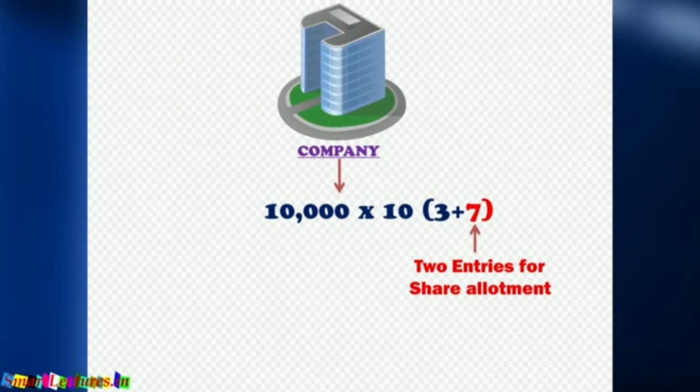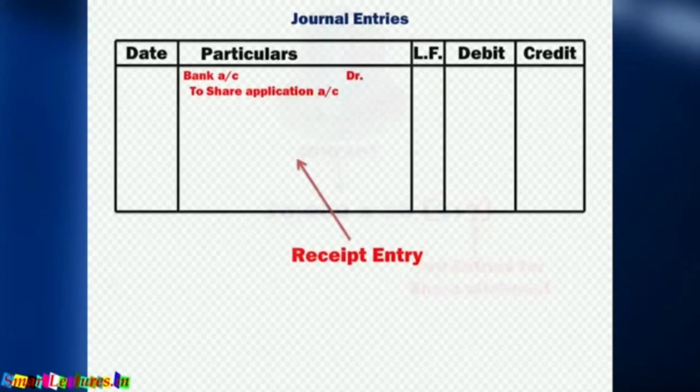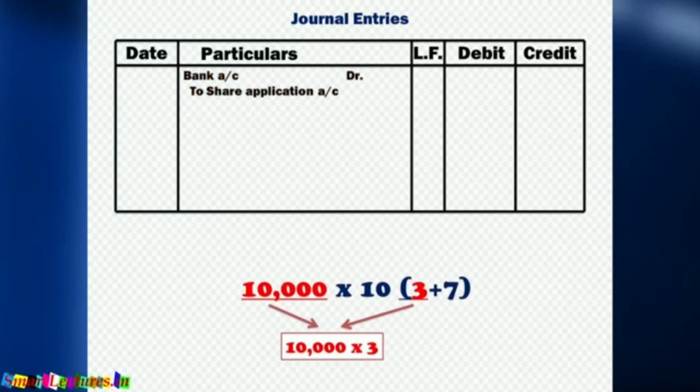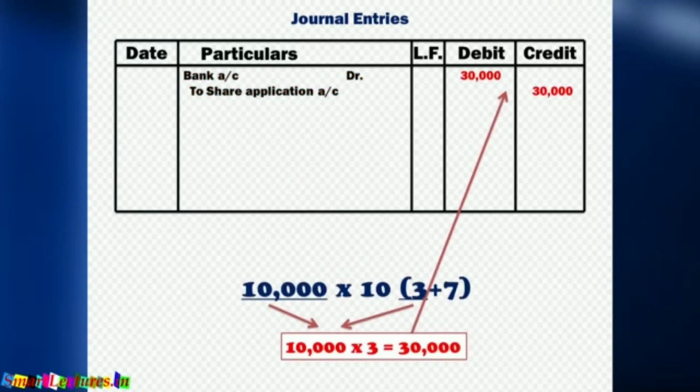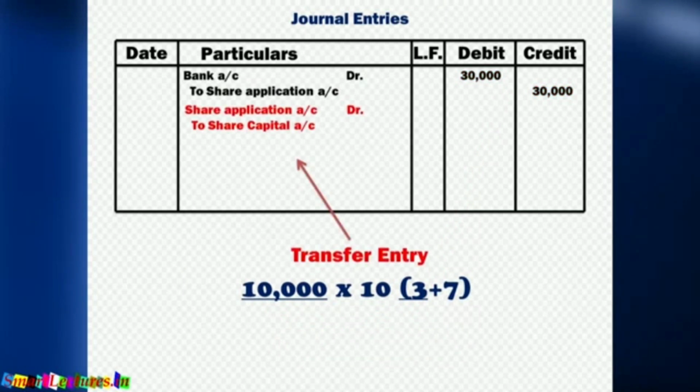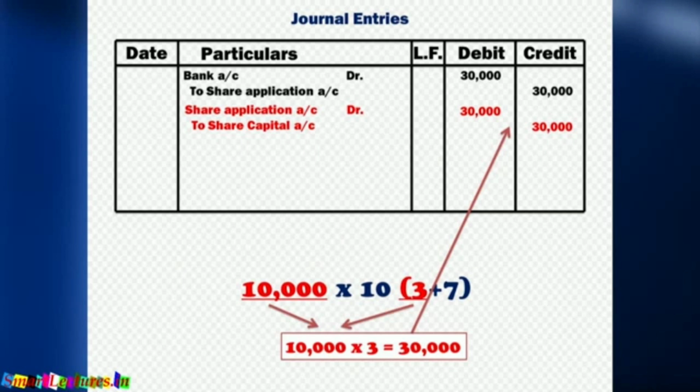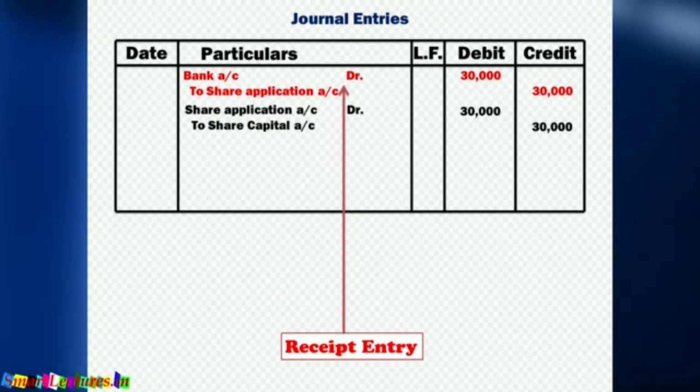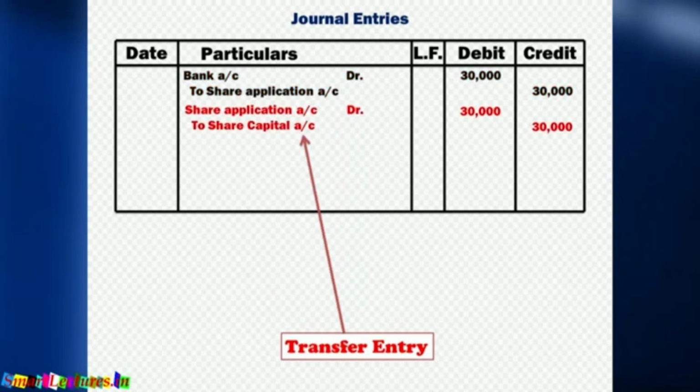So first of all, let us pass the journal entry for share application. First of all, journal entry for receipt is passed, and that is bank account debit to share application account, 10,000 into 3, 30,000, and then share application account debit to share capital account, that is 10,000 into 3, 30,000 rupees.